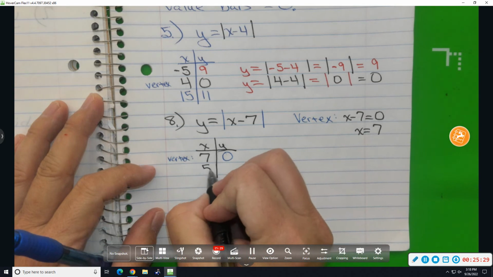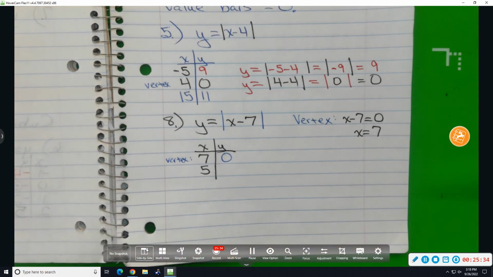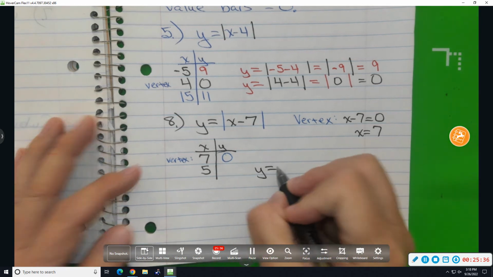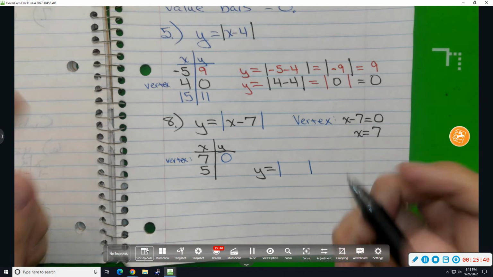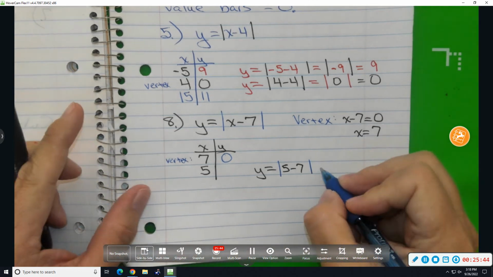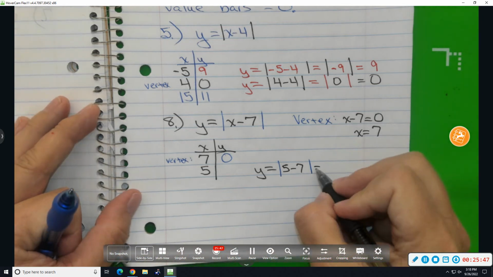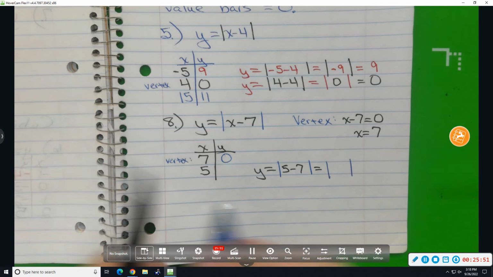Okay. So we have, when x is 5, we get y equals the absolute value of 5 minus 7. 5 minus 7 is negative 2.